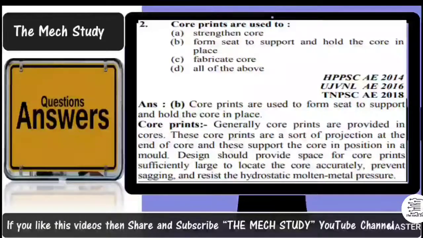The core generally creates a hole, and the core print is used to seat and hold the core in place. It helps to maintain the hole position so that it is not disturbed by external forces and buoyancy forces inside it. To avoid that, we use a core print.